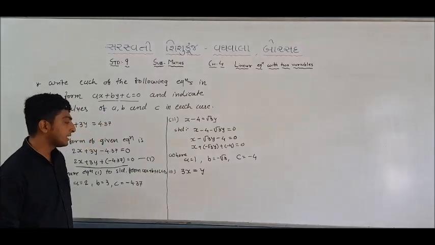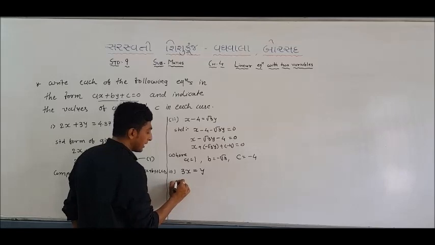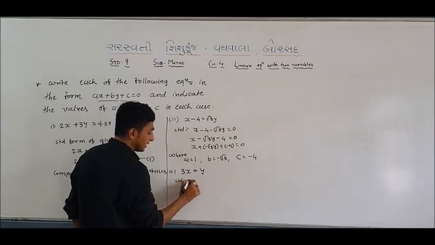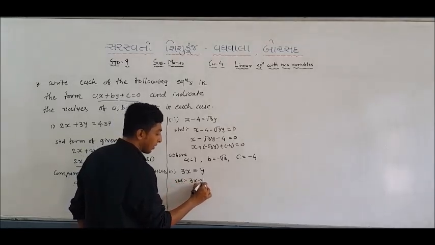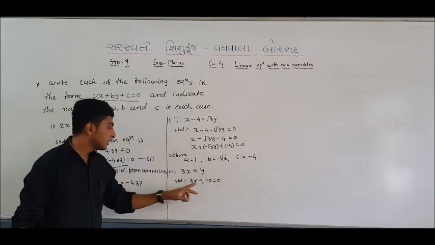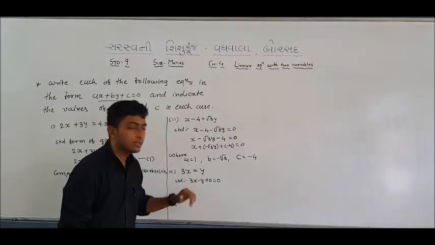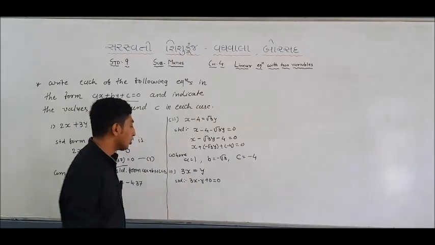Let us see the third example. Here it is given that 3x equal to y. So we can write 3x minus y plus 0 equal to 0. Because there is no constant term, if the constant term is absent, we can take it as 0.